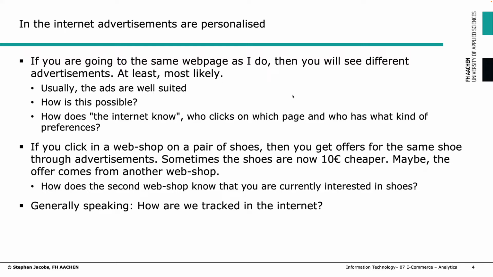You continue surfing somewhere else, and suddenly an ad shows up offering the shoes 10 euros cheaper. Maybe the offer even comes from another web shop. How does this second web shop know that you have been interested in these shoes? Or generally speaking, how are we tracked in the internet?